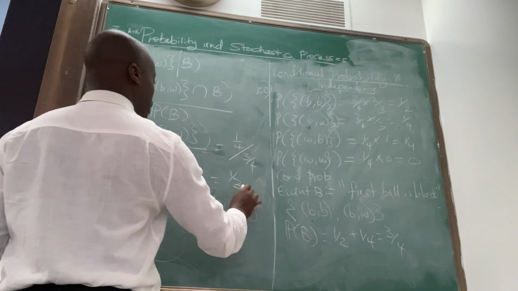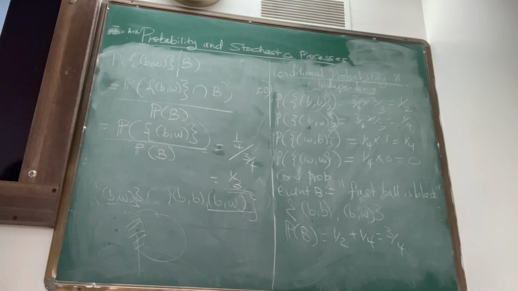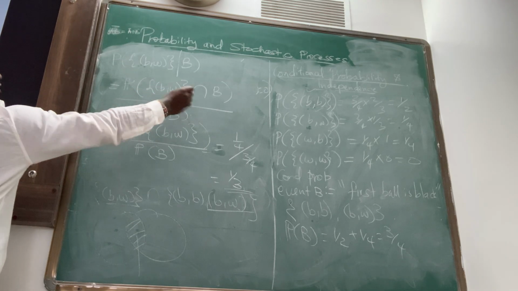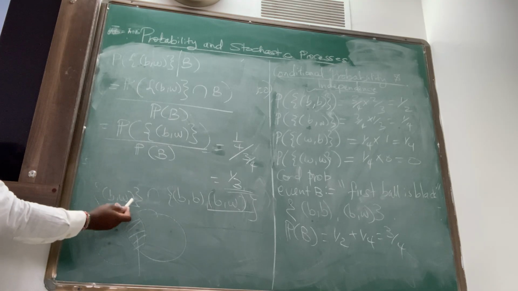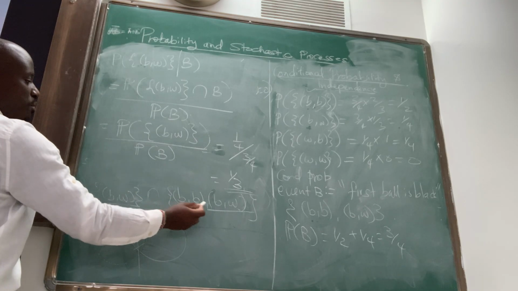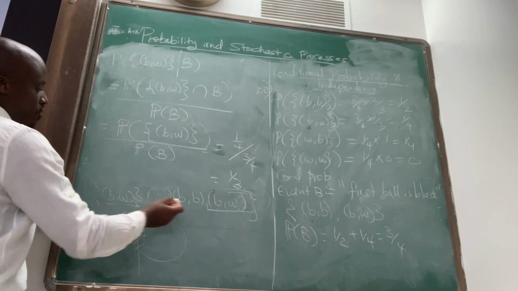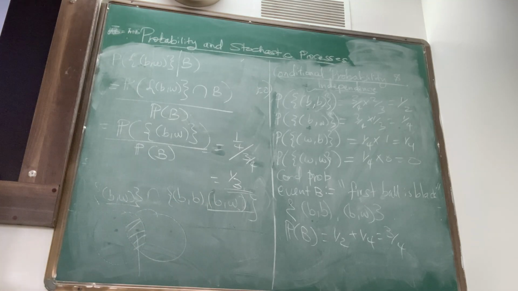Did you see that? The most important thing is to remember the intersection. You don't just assume it, it's actually something you can see. You take this set as only BW, this set as BB and BW. BW is in both, so that's the intersection, the common region.